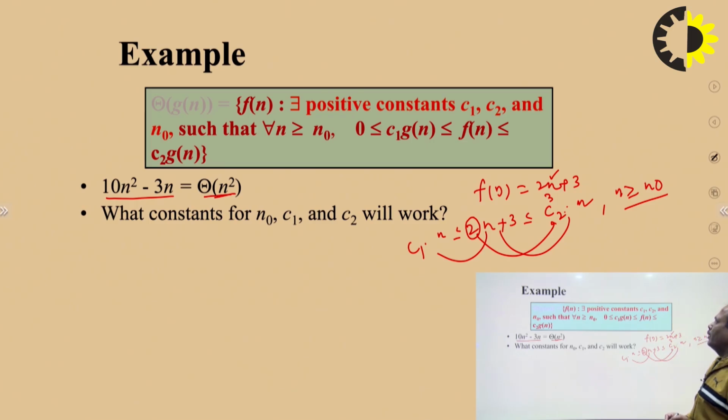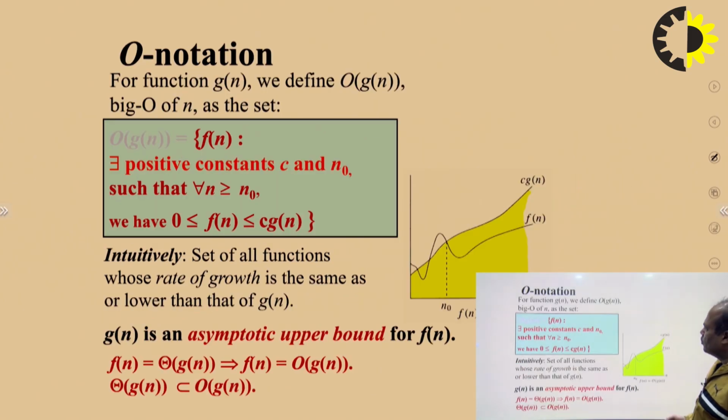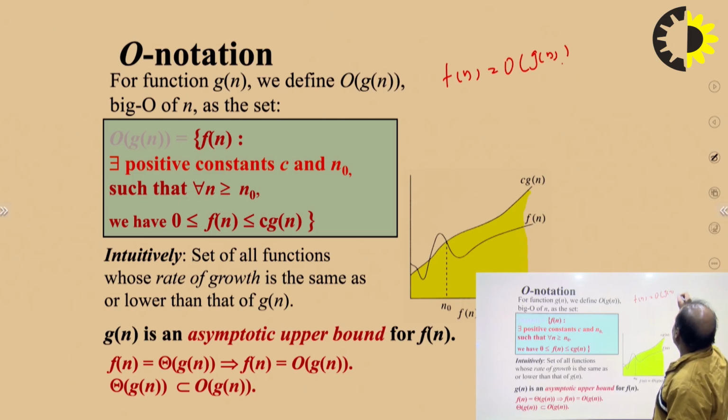Another notation is big O notation. It is very simple: f(n) is big O of g(n) if f(n) is less than or equal to c times g(n), for n greater than or equal to n naught.